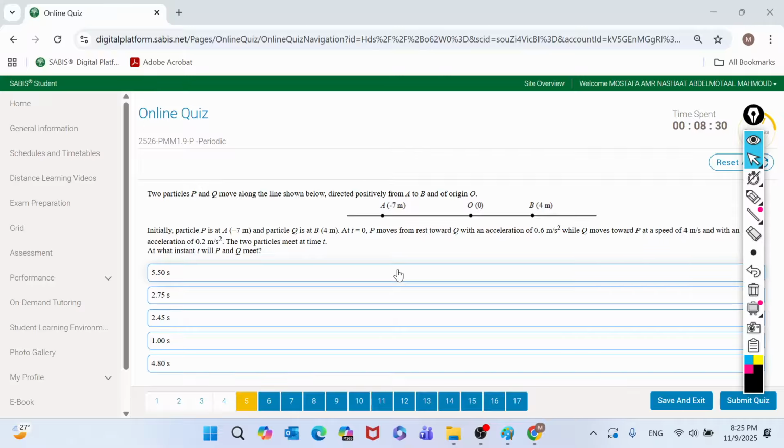The two particles meet at time t. At what instant will P and Q meet?